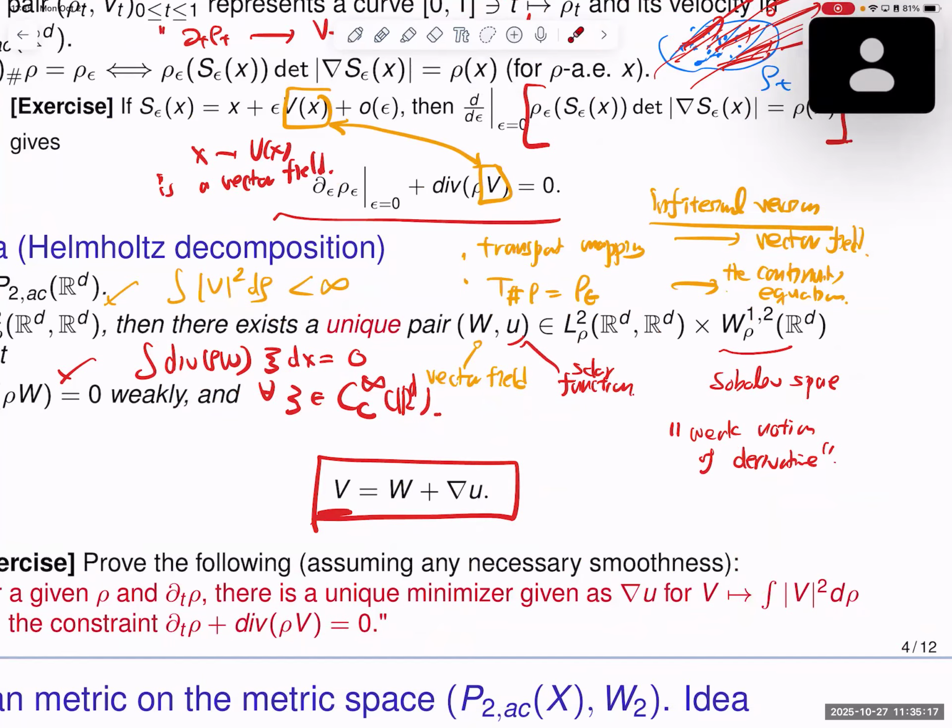You have many other possible vector fields, but among them there is a unique one which minimizes this L2 norm with respect to rho. This unique minimizer is given as the gradient of a function u.